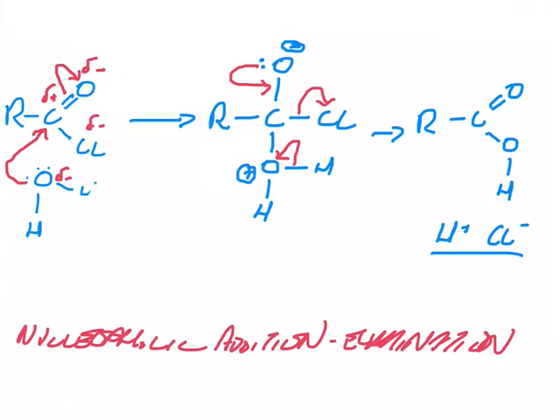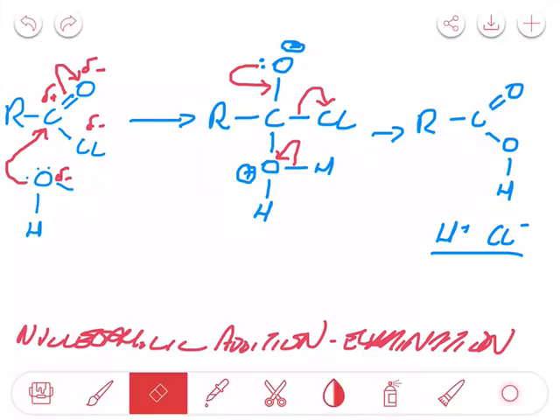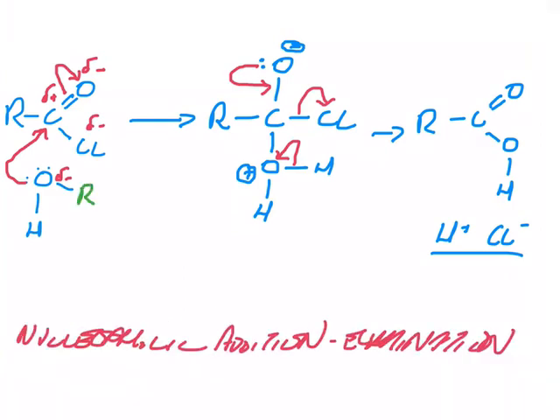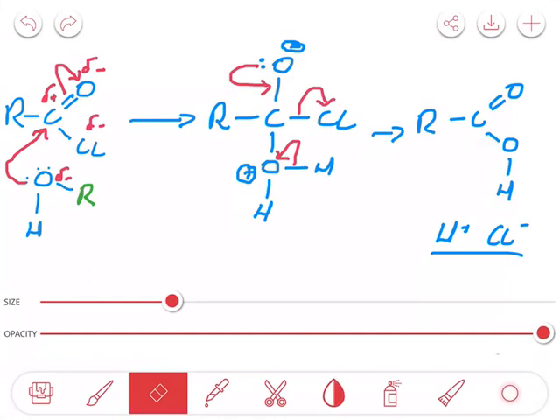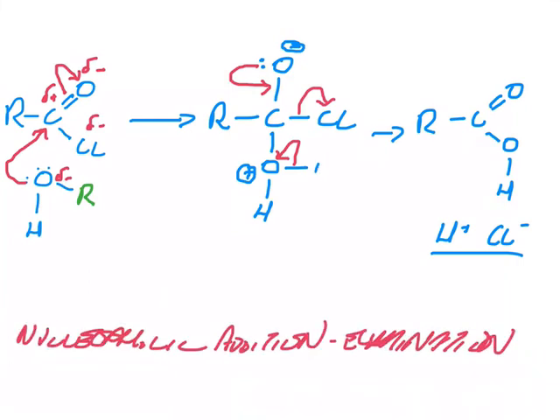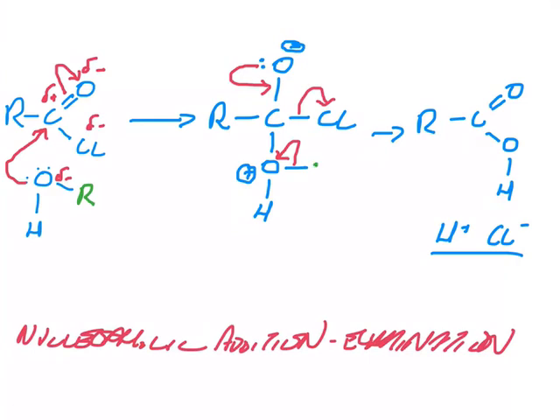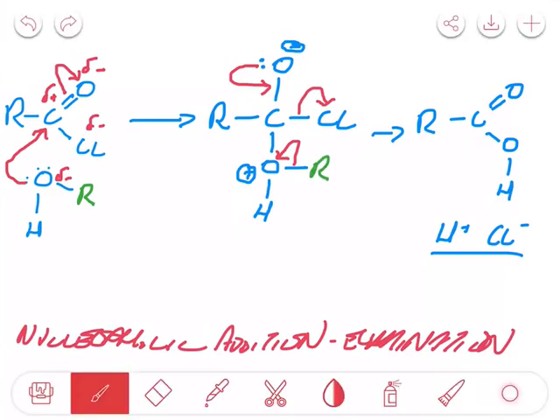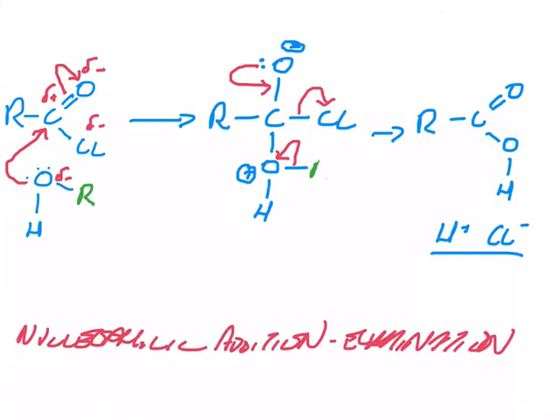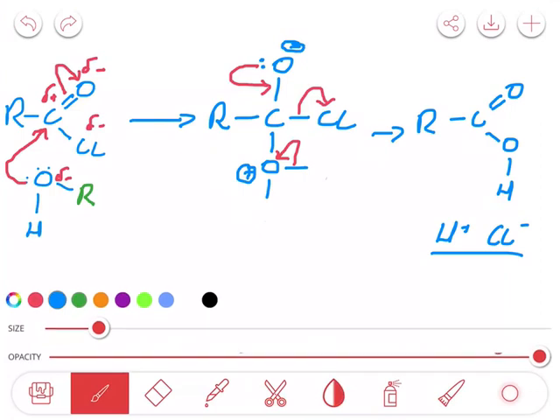Now if this was an alcohol, one of the hydrogens there would now be an R group, which means this hydrogen over here now becomes an R group. Actually, let me swap that round, because we've kept that hydrogen on the one that goes.